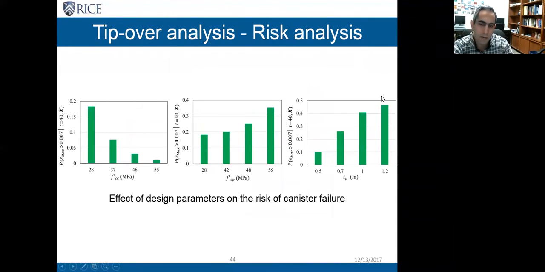And the same pattern that we observed in the sensitivity analysis applies here. I mean, a stronger concrete in the overpack reduces the risk, but a larger strength for the concrete in the pad, and also a thicker pad, increase the risk.